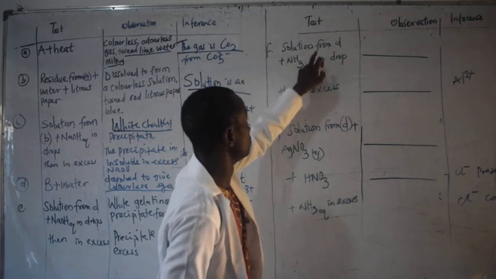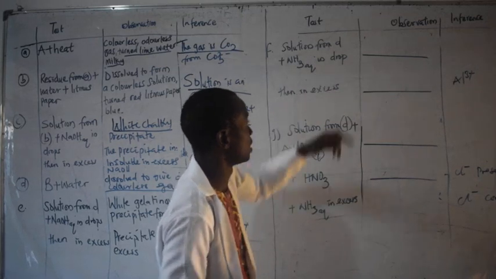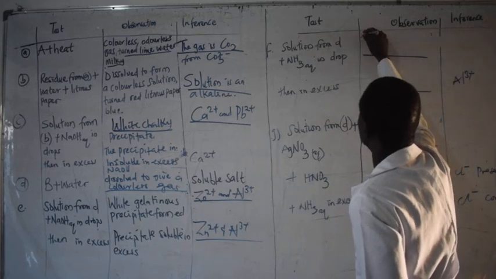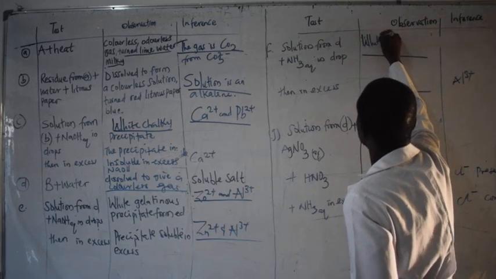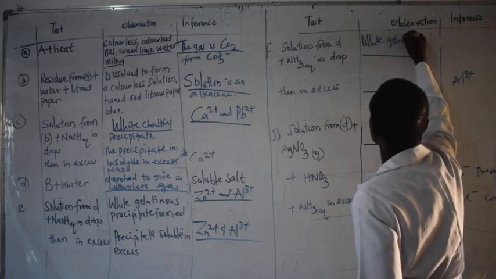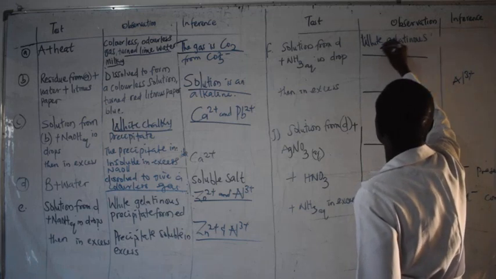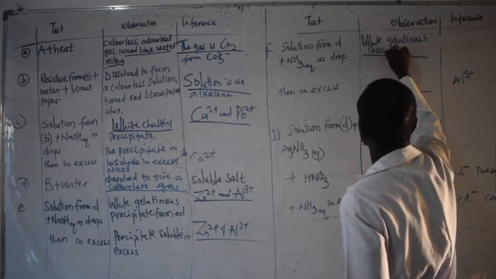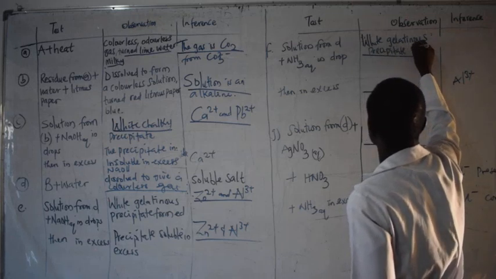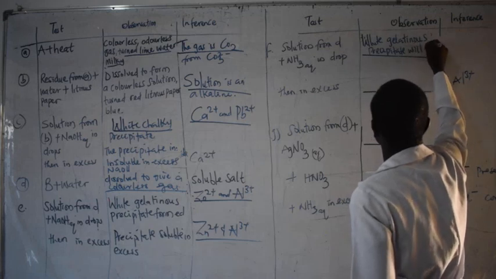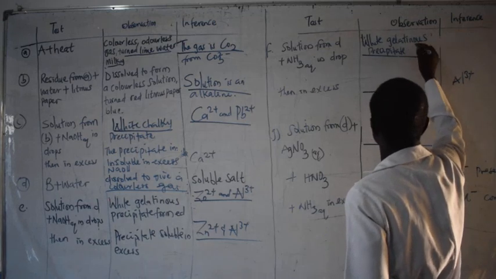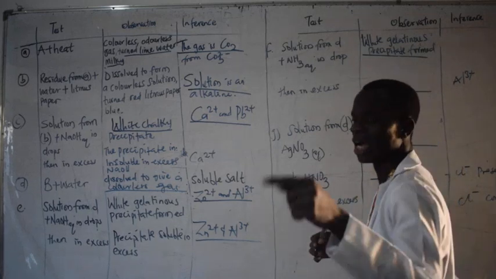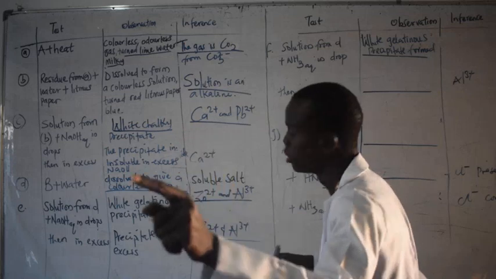So when the solution from D plus ammonia in drops, if it is aluminium, a white gelatinous precipitate is formed. That gives us an insight that it is aluminium ion.